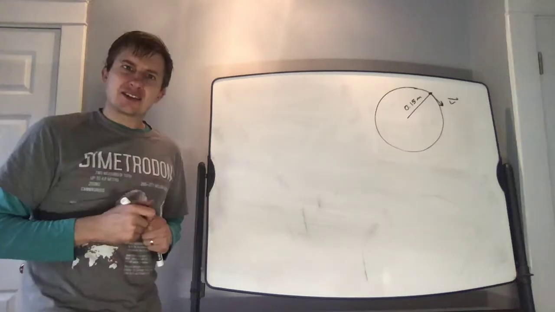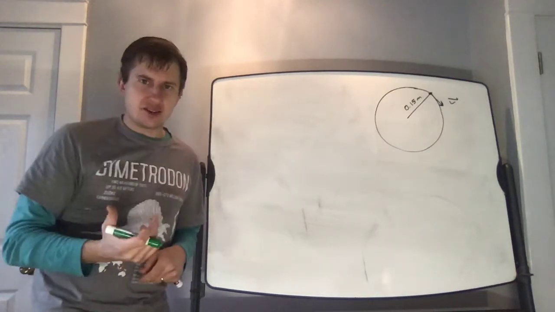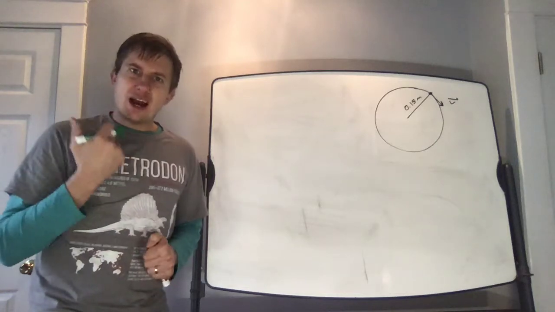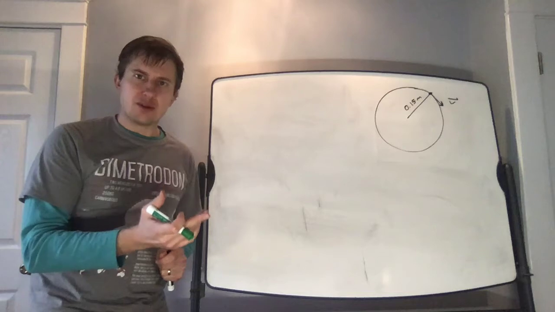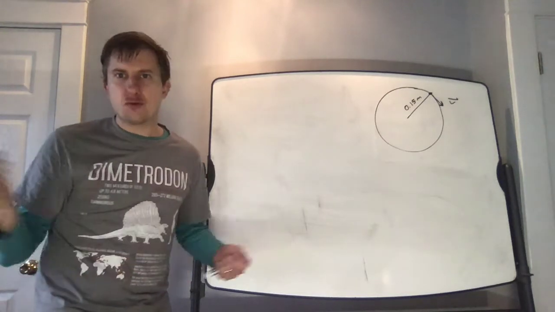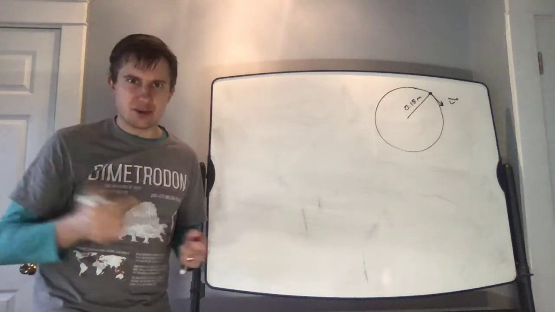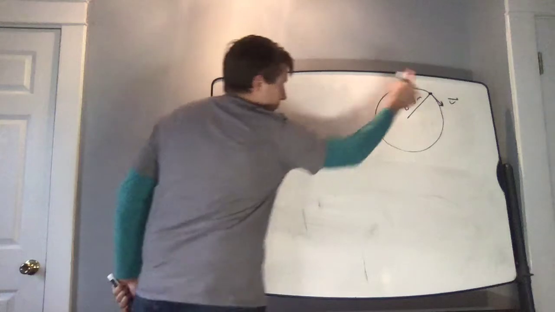Next example problem, we are told that there is a fan spinning at a constant rate. We are asked first to find the distance that the tip of the fan blade moves when it goes once around the center of the fan, and then we're asked to find the speed of the tip of that fan blade. So if I draw a picture of this, here's the tip of the fan blade.